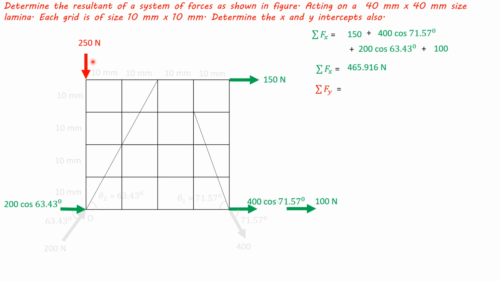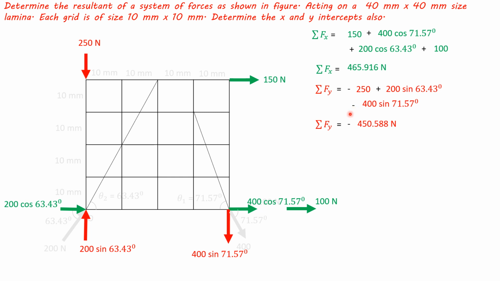And searching for summation vertical force components. This force is 250 Newton, it is acting downwards, so minus 250, and this force 200 sin 63.43 degrees, it is acting upwards towards positive y-axis direction, so plus 200 sin 63.43, and this force 400 sin 71.57 degrees, it is directed towards negative y-axis, so minus 400 sin 71.57 degrees.